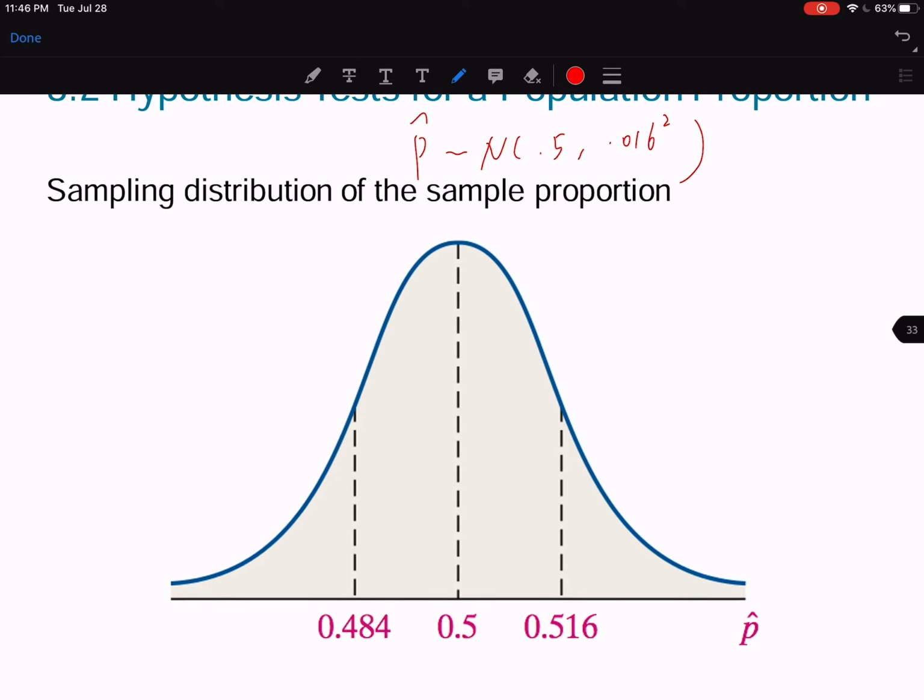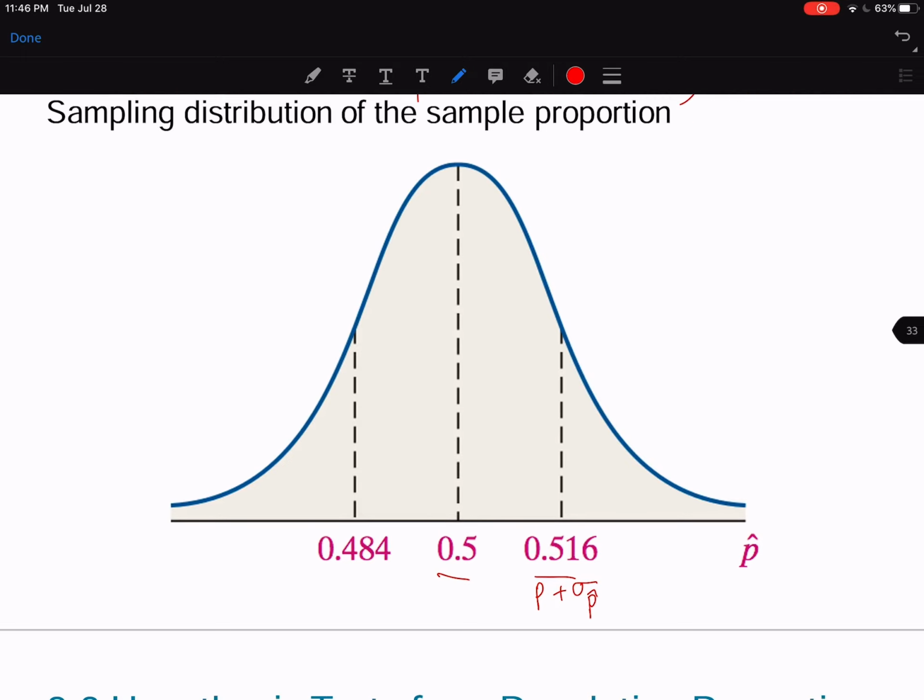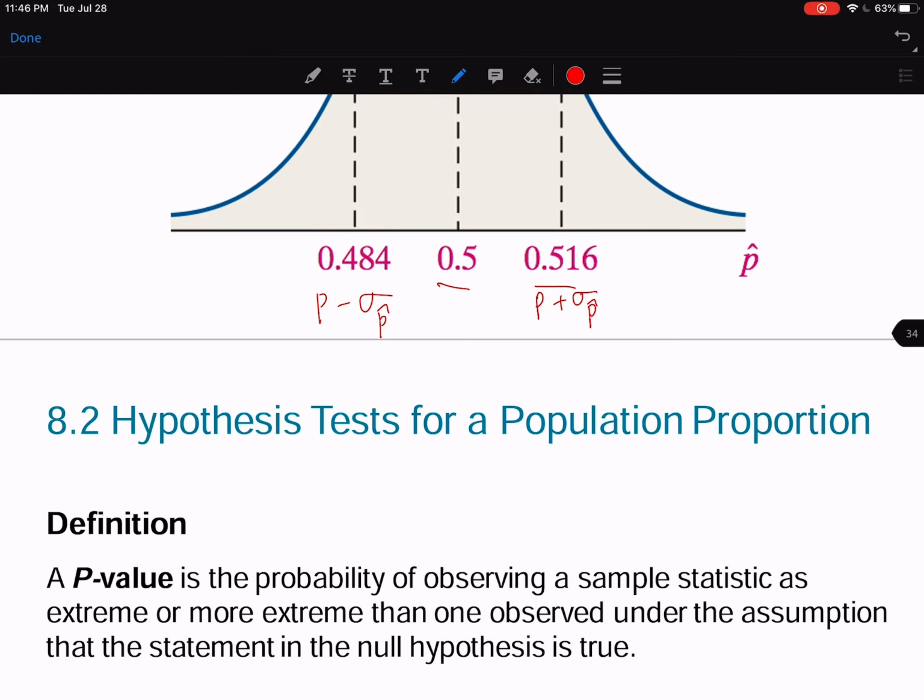If we want to draw the normal curve, the center of symmetry is 0.5, and this number here would be p plus the standard deviation of p hat, which is 0.5 plus 0.016, so we get 0.516. And this number would be p minus one standard deviation of p hat, which is 0.5 minus 0.016, equal to 0.484. So this is the normal curve of the p hat here.